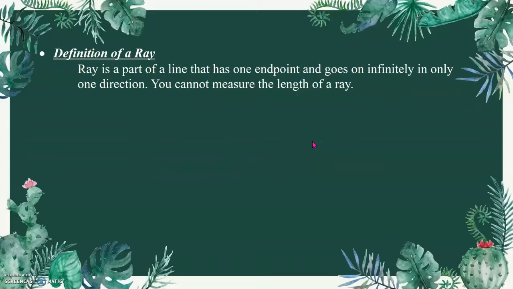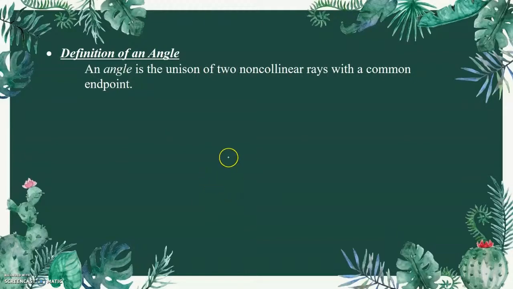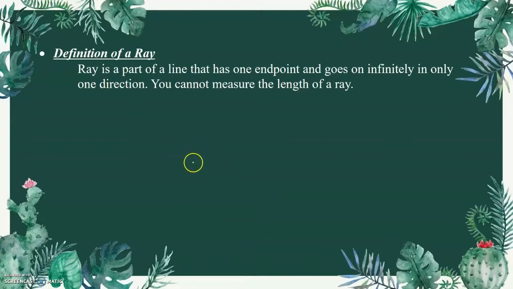Now, let's have the definition of a ray. A ray is a part of a line that has one endpoint and goes infinitely in only one direction. Now, you cannot measure the length of a ray. So, a ray has one endpoint and its other side is extending infinitely.